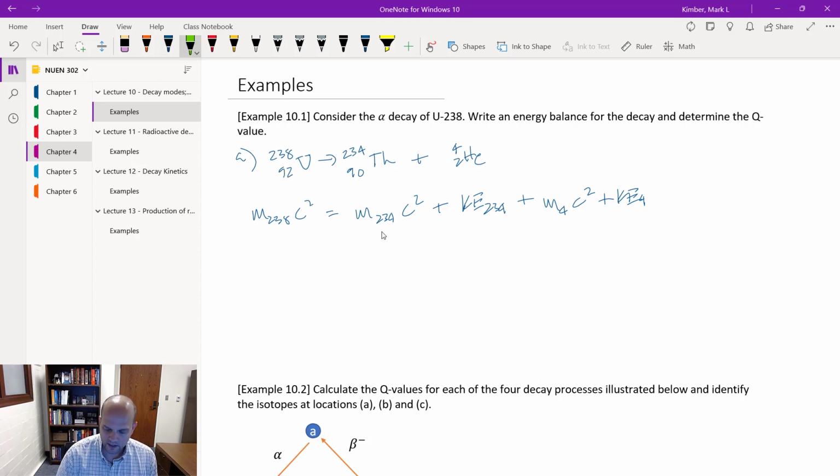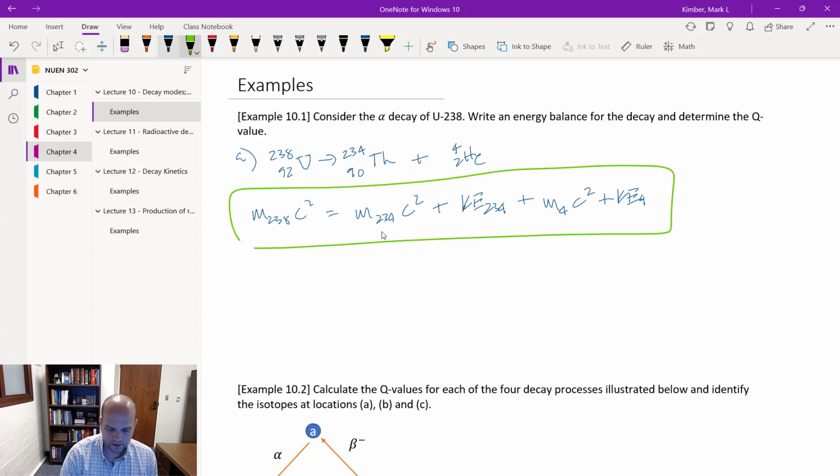And so this is the mass energy balance. In order to calculate the Q value, I just take the difference in those masses. So the Q value is going to be c squared times the mass of U-238 minus the mass of thorium-234 minus the mass of that alpha particle.